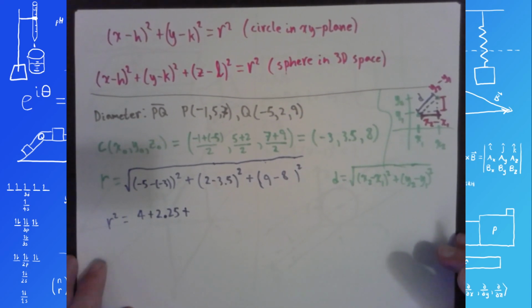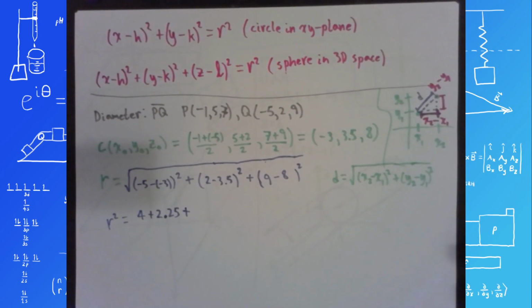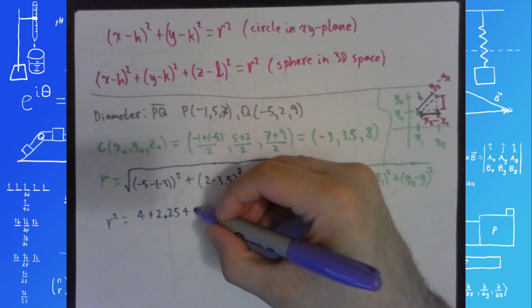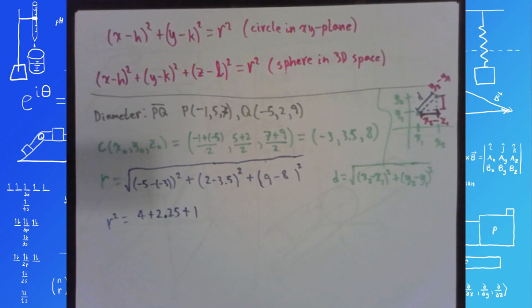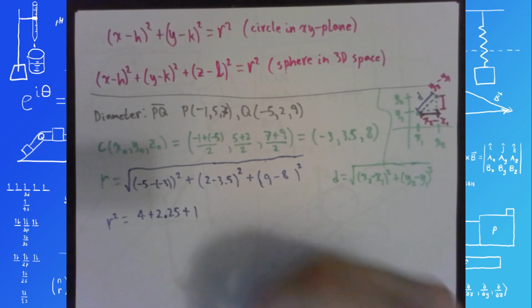Why not try to learn some of your higher perfect squares? 9 minus 8, that's just 1, and 1 squared is 1. I think I already said that, but just in case I didn't. And 4 plus 1 plus 2.25 is 7.25.